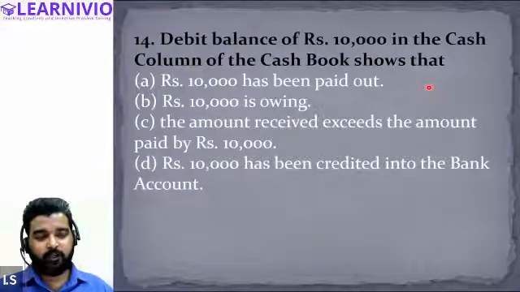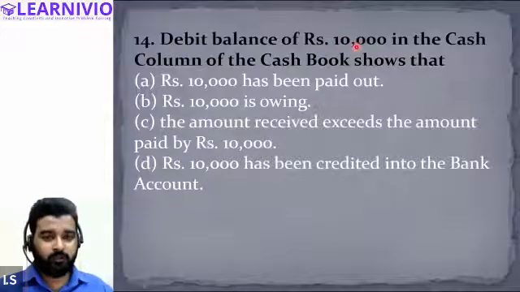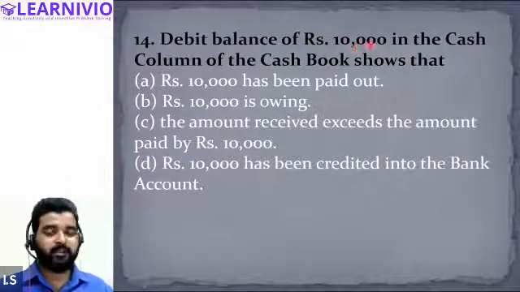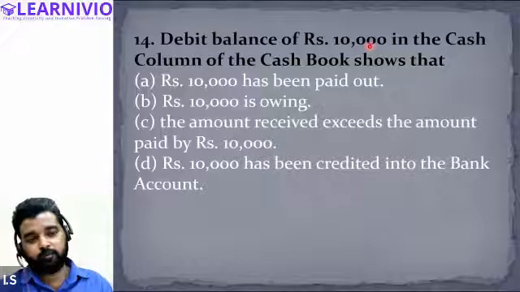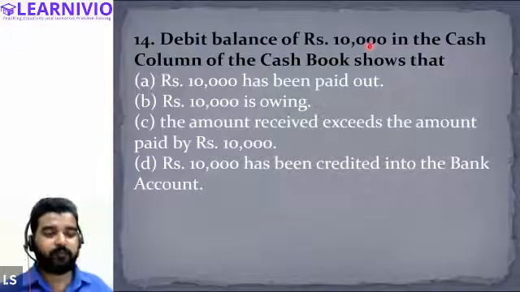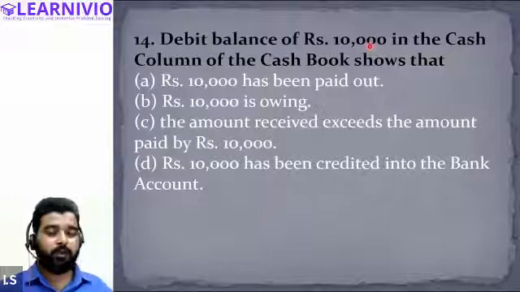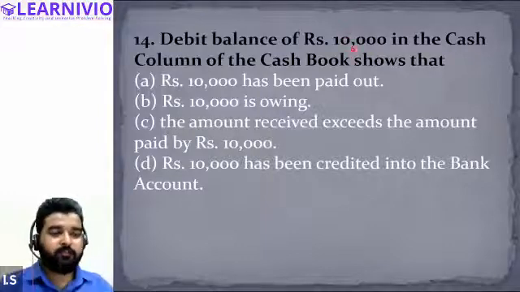We are talking about the final balance. The final balance in the cash column of the cash book is 10,000 positive. So I have already told you that cash will always remain positive, or at the minimum it can be 0. So if we are getting 10,000 debit balance in the cash book, tell me what is the meaning of this?